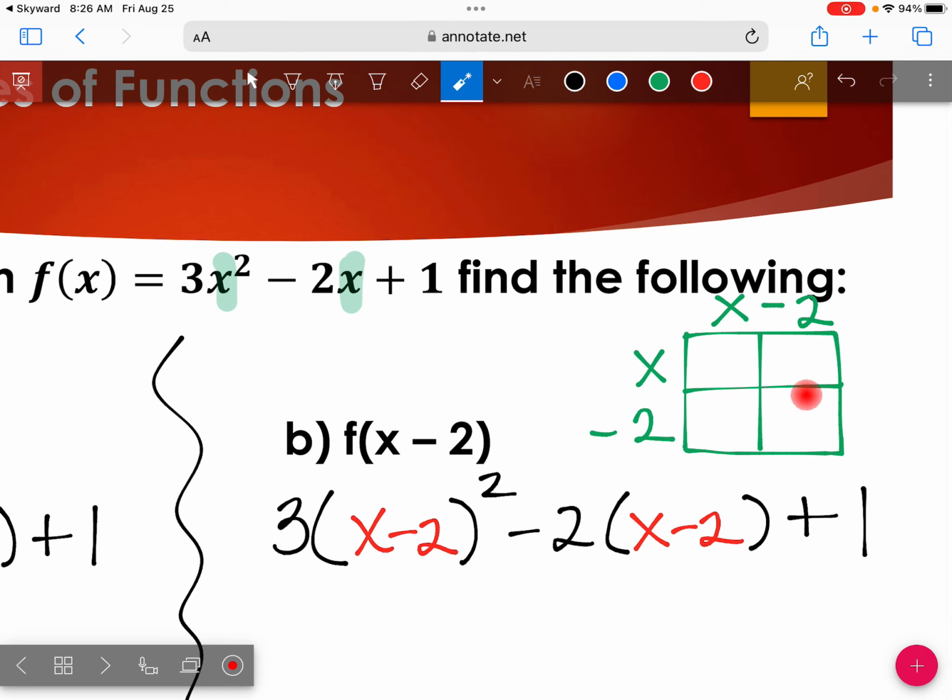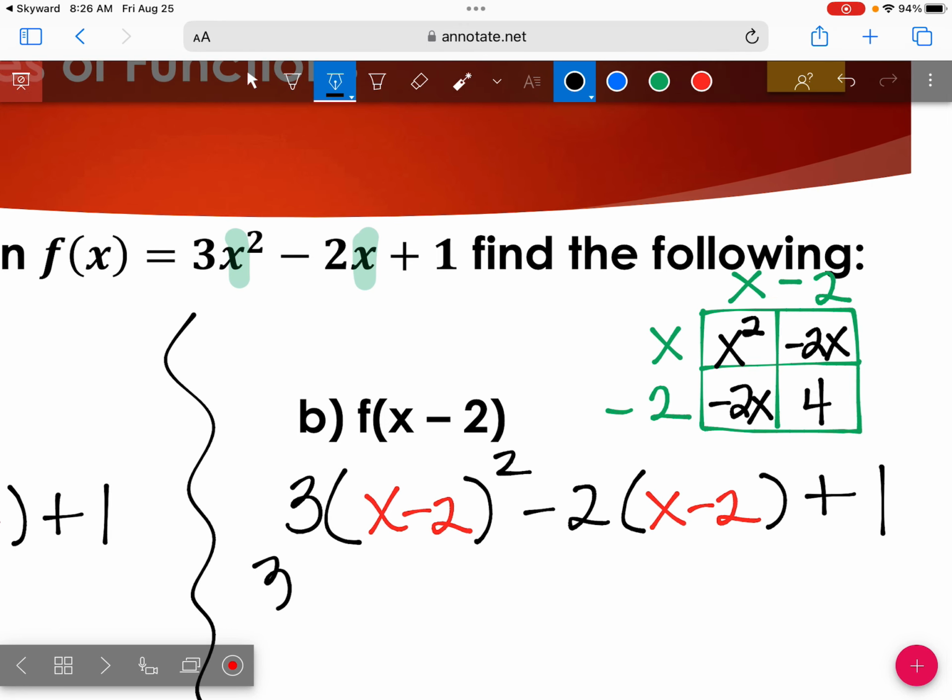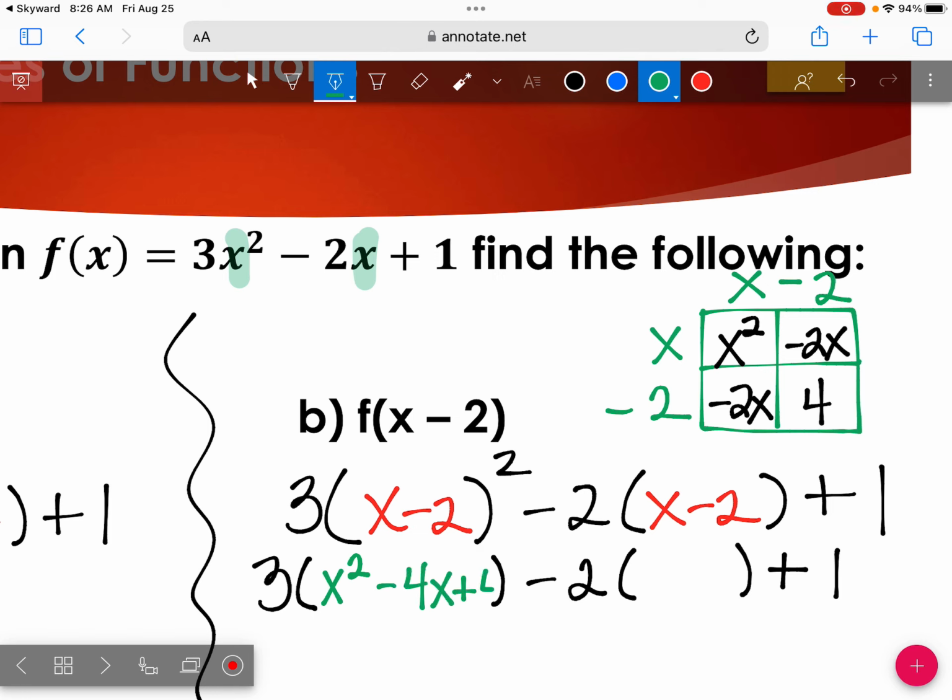So go ahead and fill in all 4 squares. So that would be x squared minus 4x plus 4. And then we have an x minus 2 here.